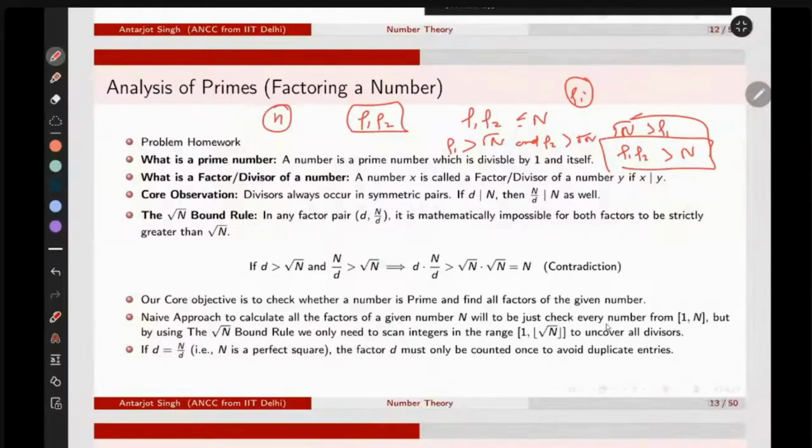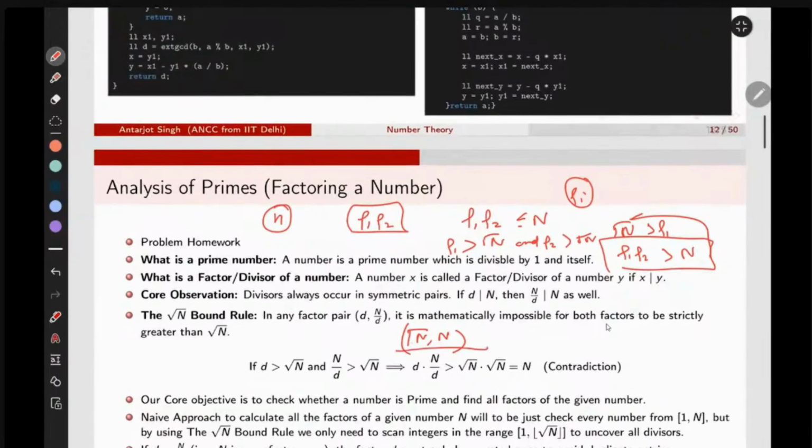So every factor is less than or equal to root n. If so, why should we scan from root n to n?